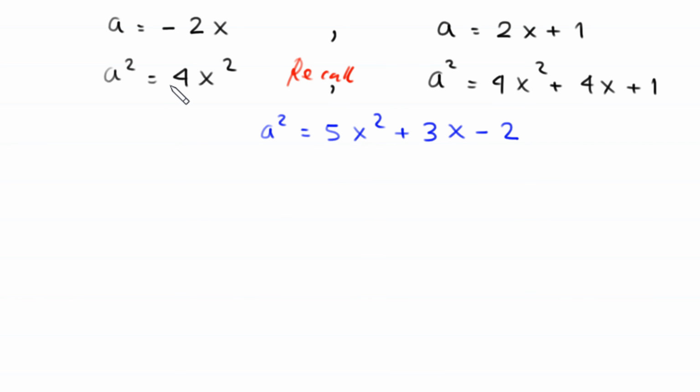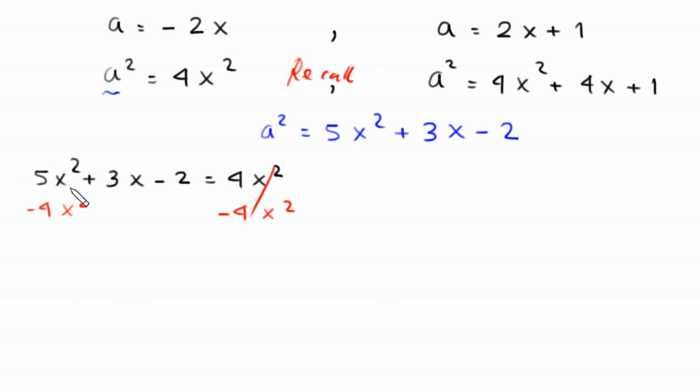First, in this equation, we replace this a squared with this expression, so this will become 5x squared plus 3 times x minus 2 is equal to 4x squared. Subtract 4x squared from both sides, so this cancelled out, and this will become x squared plus 3 times x minus 2 equal to 0.